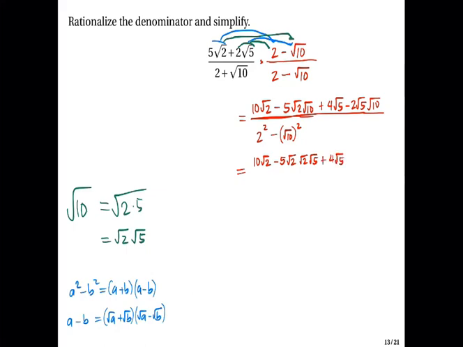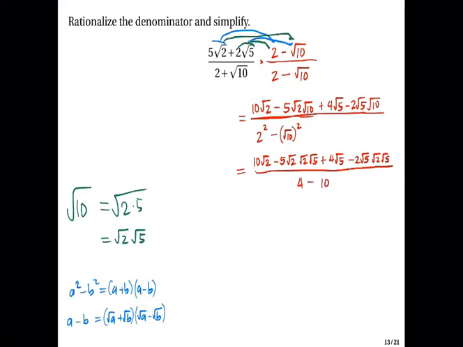And then we have minus 2 square root of 5. And then again, you have the square root of 10 here. So square root of 2 square root of 5. And then in the denominator, we will have 2 squared, that's 4. And then square root of 10 squared, that's just 10.